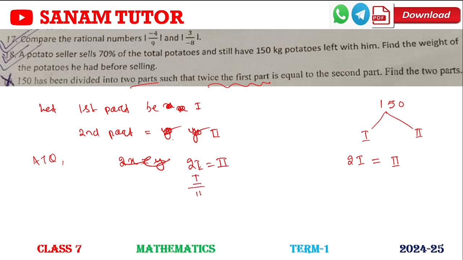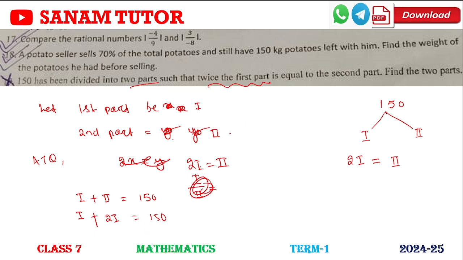Or simply we can write first part plus second part is equal to how much? Now 150. So in place of the first part we write x, and the second part we write 2x, equal to 150.